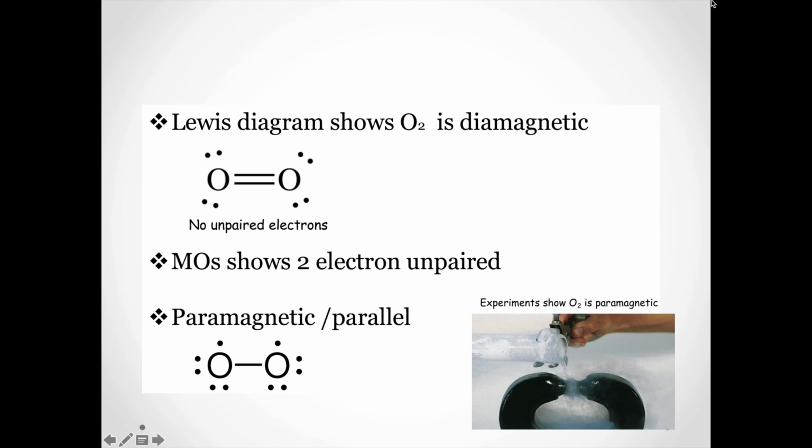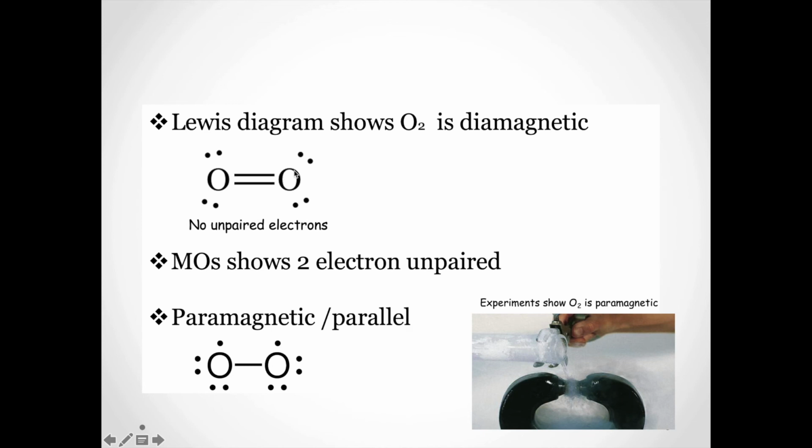So what happens for oxygen? From the Lewis diagram, it shows that oxygen is a diamagnetic compound, because we have 4 lone pairs surrounding the 2 oxygen atoms with a double bond.